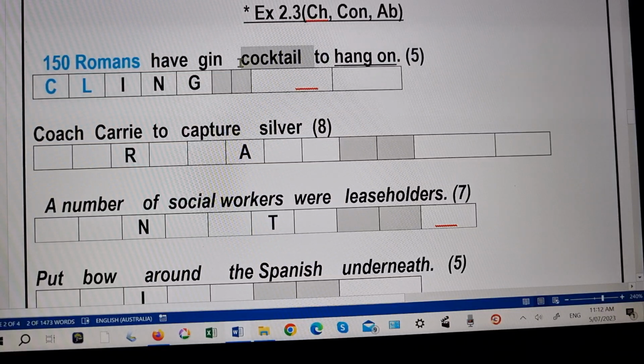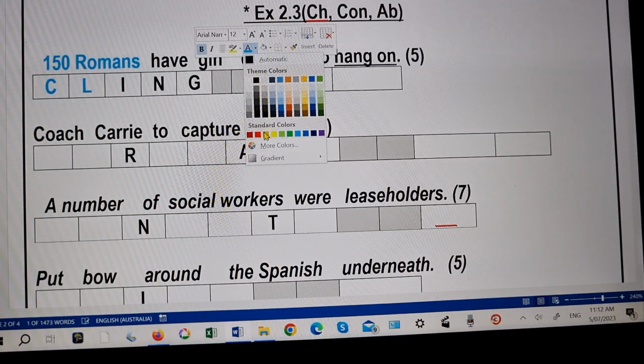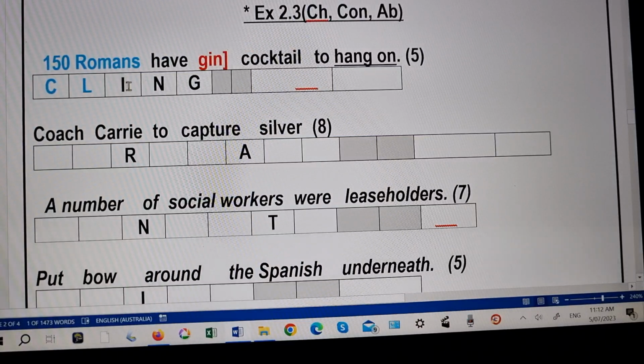There's your anagram flag. You're rearranging things, you're shaking things up. And what are you shaking up? You're shaking up the gin. And that's your other part of the fodder. There's your gin there, but it's all shaken up because of the cocktail. So there it is there.